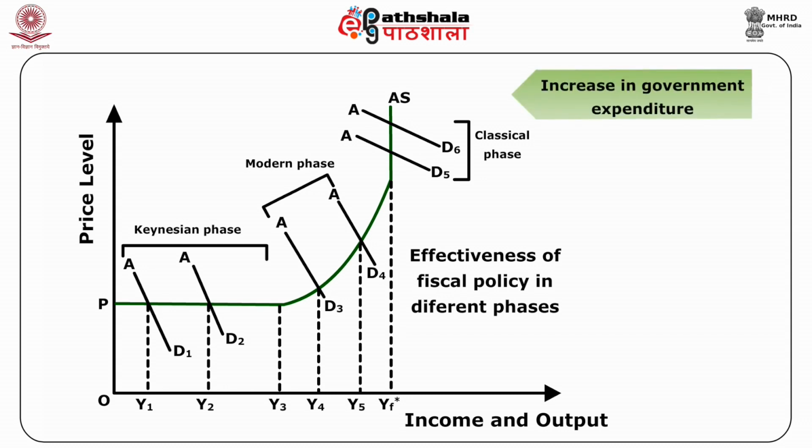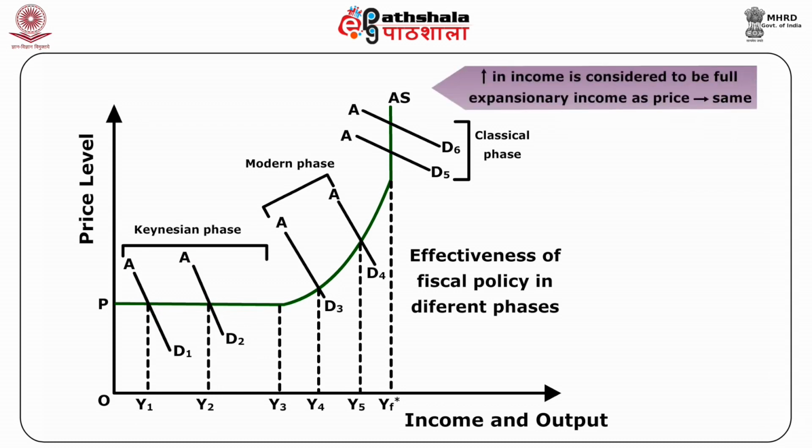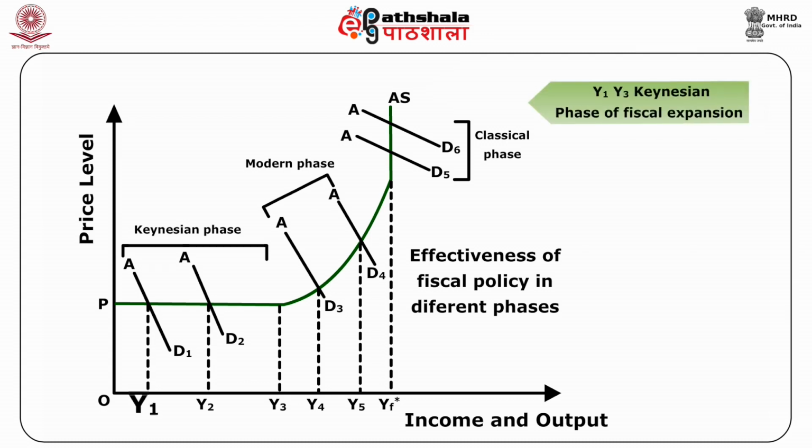Due to the increase in government expenditure, AD1 shifts rightward to AD2 and income increases from Y1 to Y2. Here AS is a horizontal straight line. This increase in income is considered to be a full expansionary income as price remains the same. Y1, Y3 is the Keynesian phase of fiscal expansion.